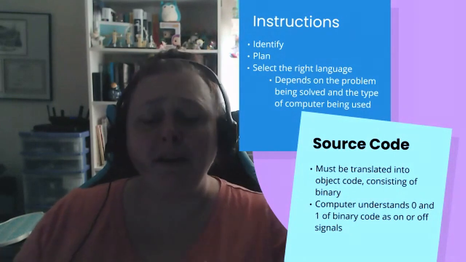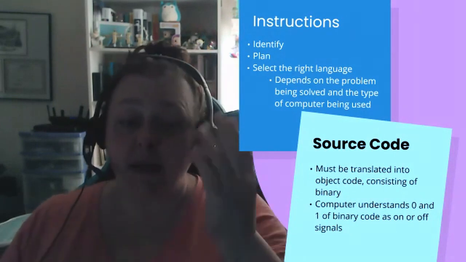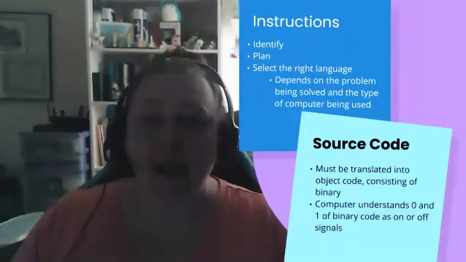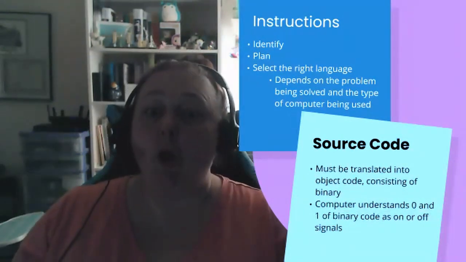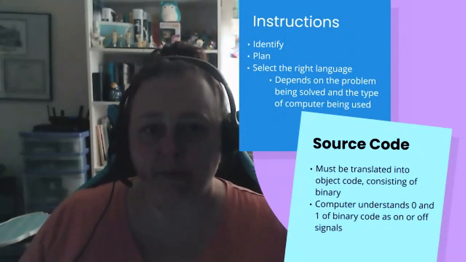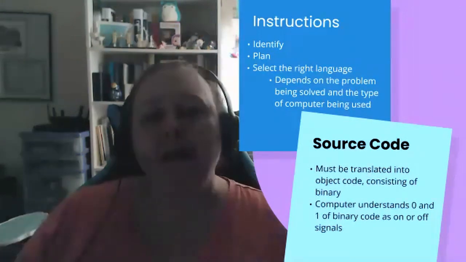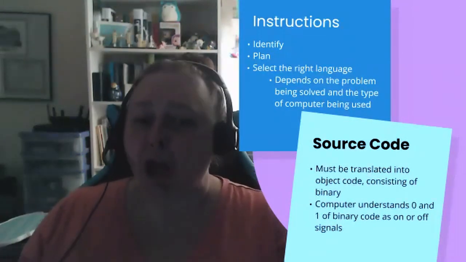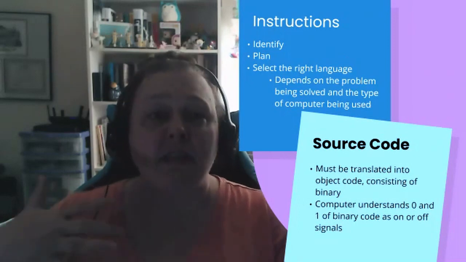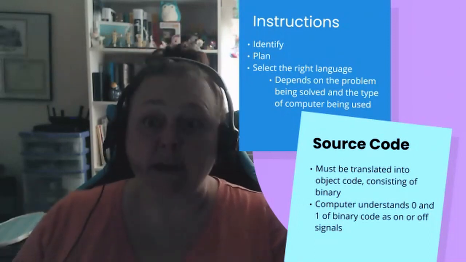Now, a computer needs instructions. These instructions are going to identify what has to be done. You're going to have to plan out a procedure. When you do the planning of the procedure, it includes logic, it includes selecting the proper language, it includes selecting the proper hardware that's necessary.